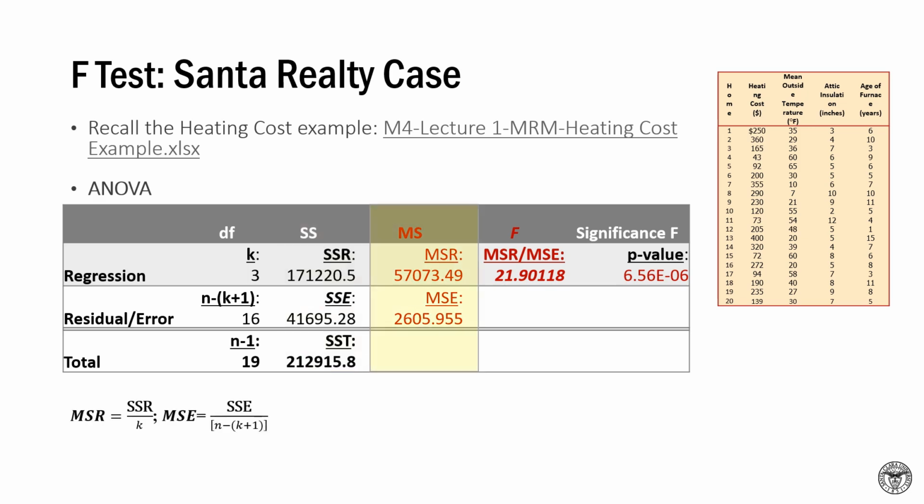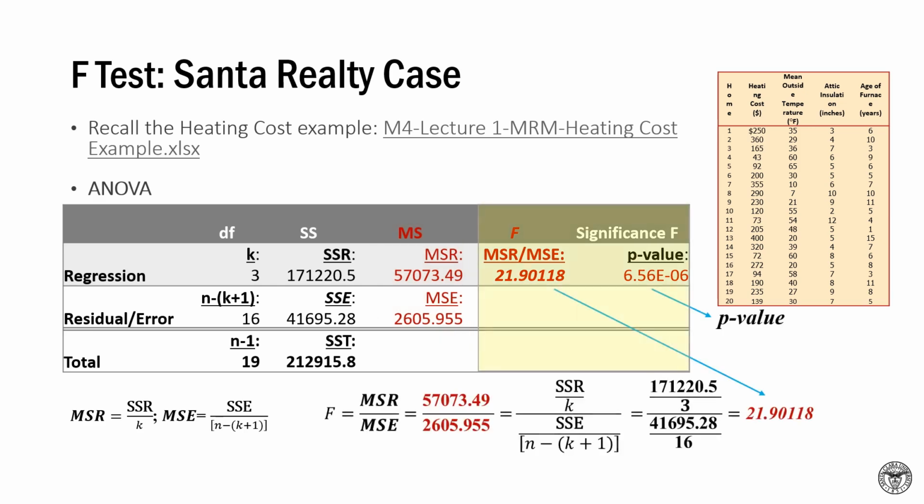The mean squared regression, MSR, is calculated by dividing SSR by its degrees of freedom, 3, yielding a result of 57073. In a similar manner, the mean square error, MSE, is computed by dividing SSE by its degrees of freedom, 16, resulting in 2605. Since the F value is determined by dividing MSR by MSE, the final value is 21.9.